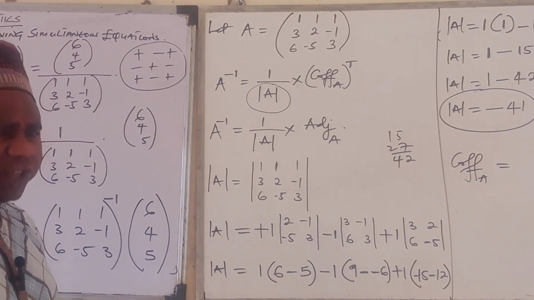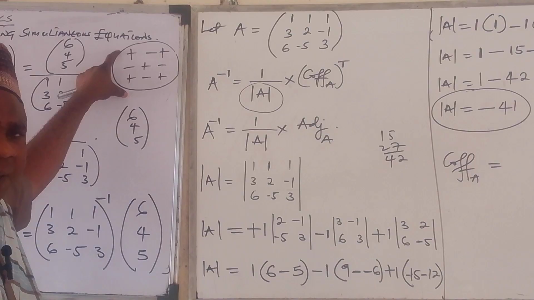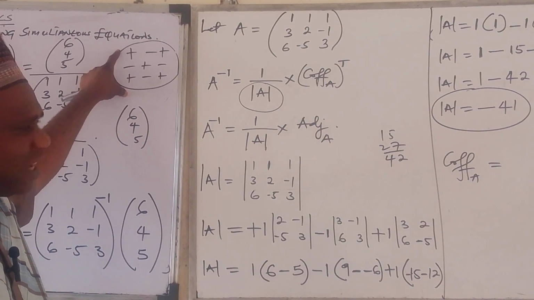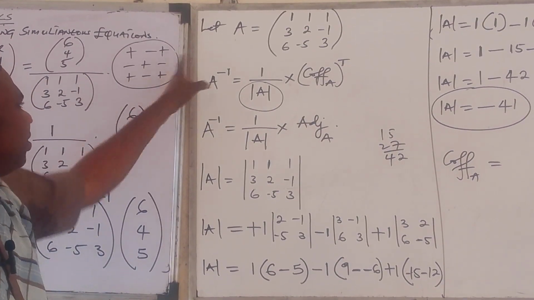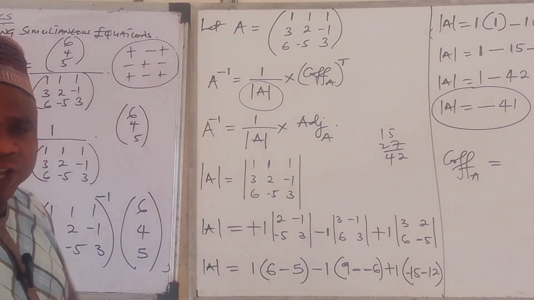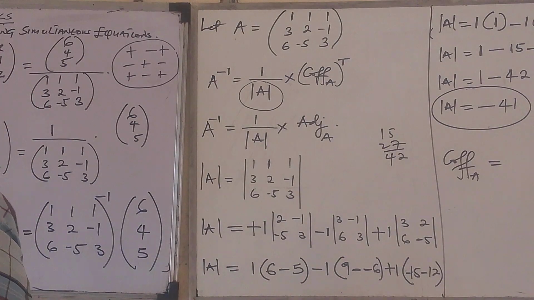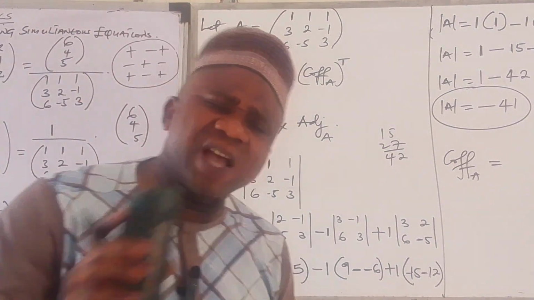Now, cofactor of A. Now, we are going to use all the signs. Remember in determinant, I said you can use any of the rows or any of the columns to calculate for determinant. But for cofactor, you are using all the signs.